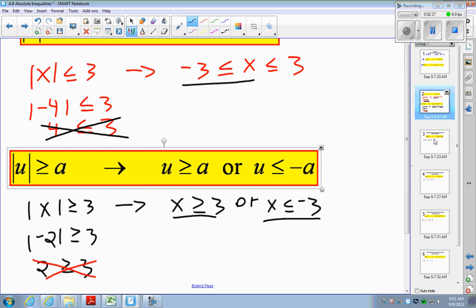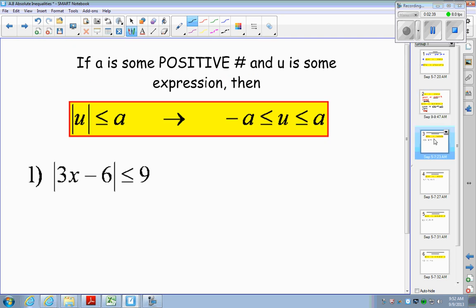So let's look at some more intense examples. Before we start this example, let's also make sure we remember that a has to be some positive number. If a ends up being a negative number, we can instantly rule out that there are no real solutions. So let's look at this example.